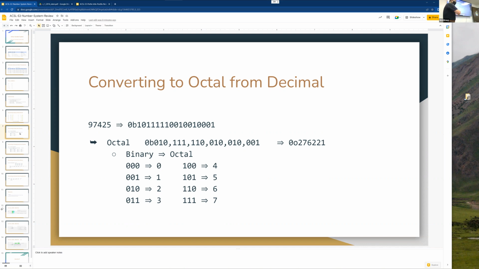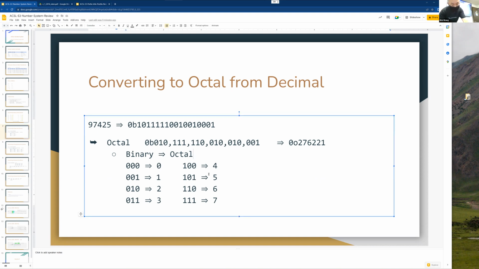You can see that from this conversion table, and also you can infer that from the fact that 8 is 2 to the power of 3.